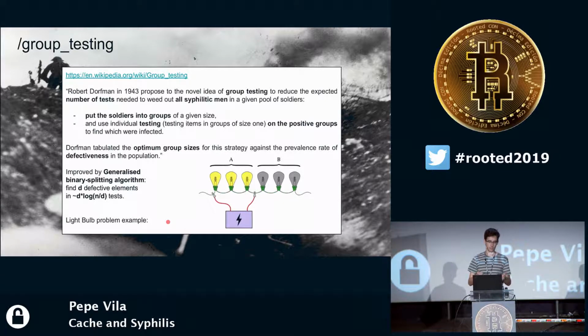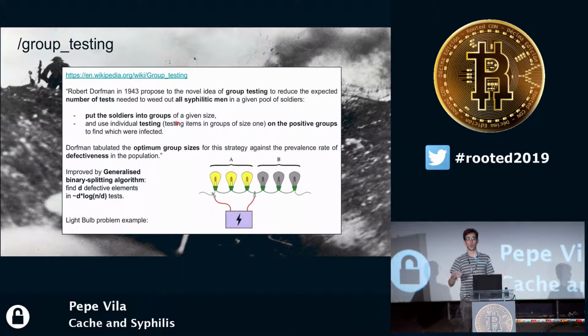So as it turns out, the history of syphilis testing is as follows. During the war, the army wanted to see which soldiers suffered from syphilis, to treat them so they would not die, meaning not die from syphilis but die at war.